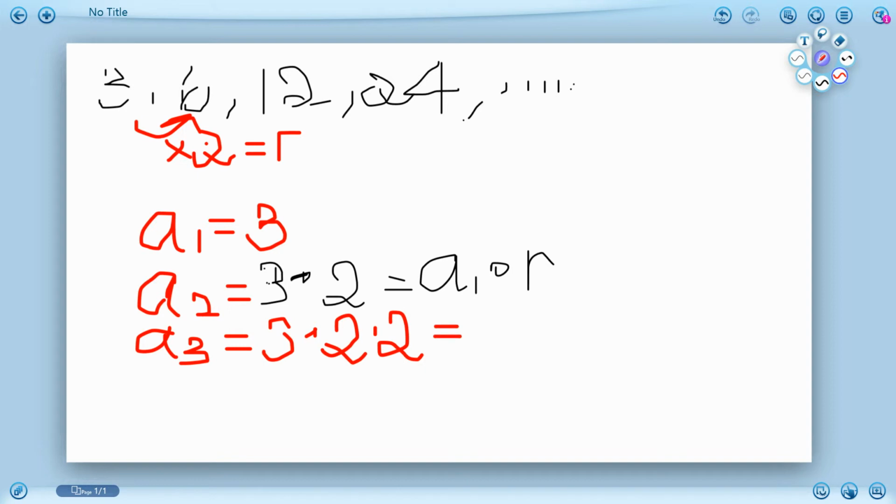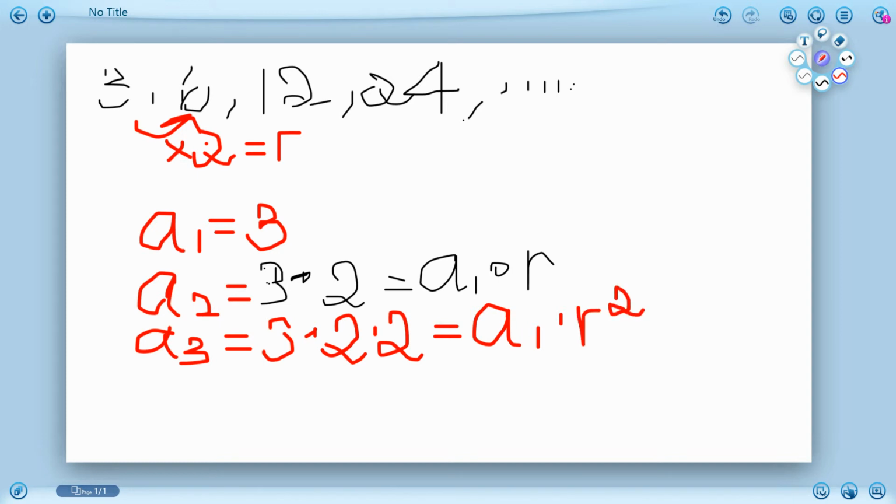Usually, this is when I show you what it means. So 3 is once again our a sub 1. Now, usually when you write 2 times 2, or r times r, we change that to r squared.